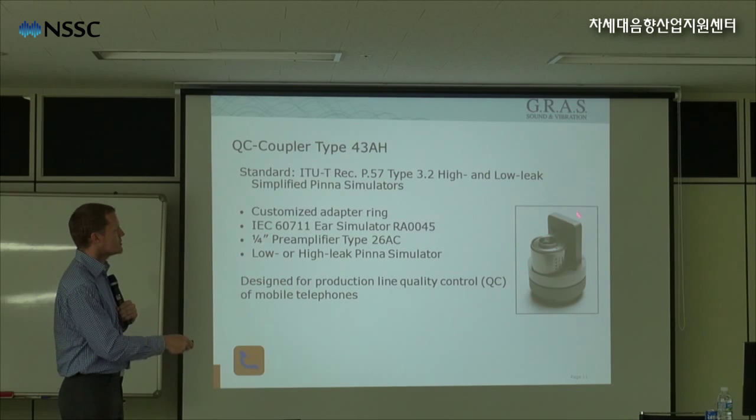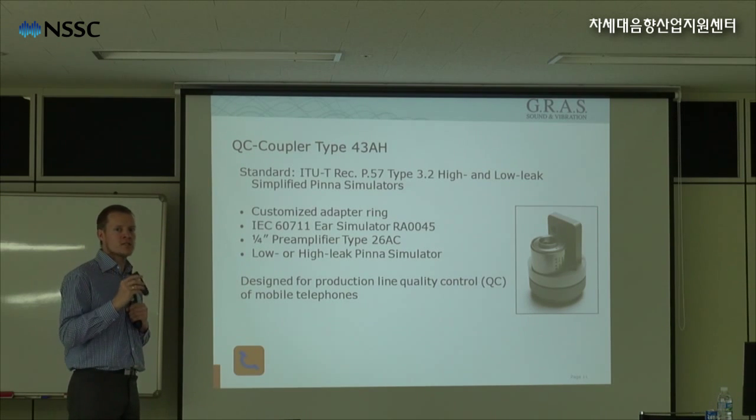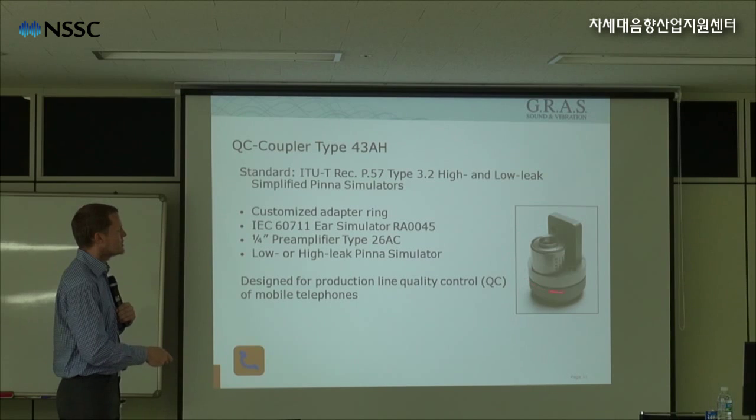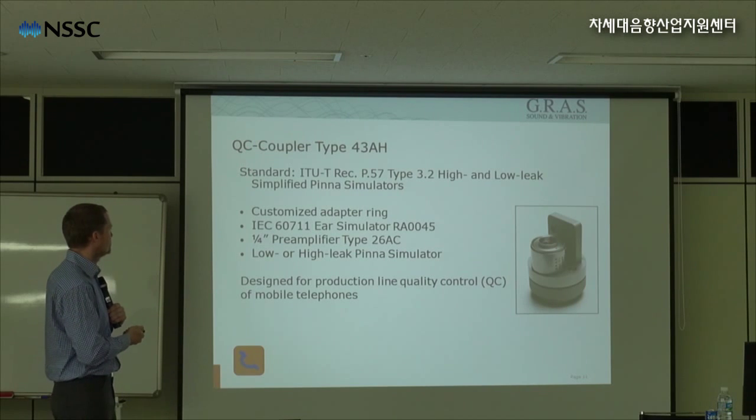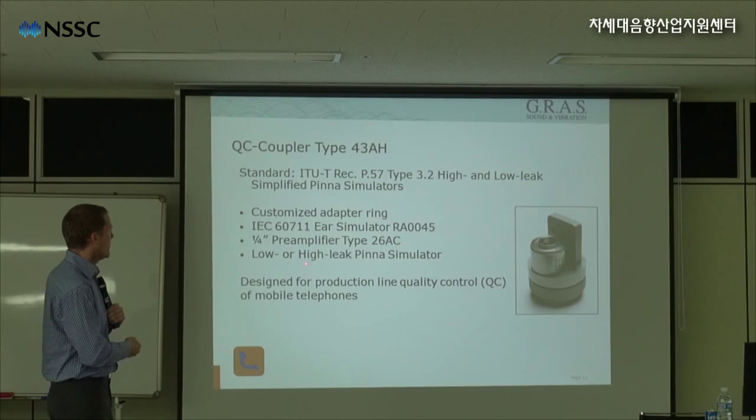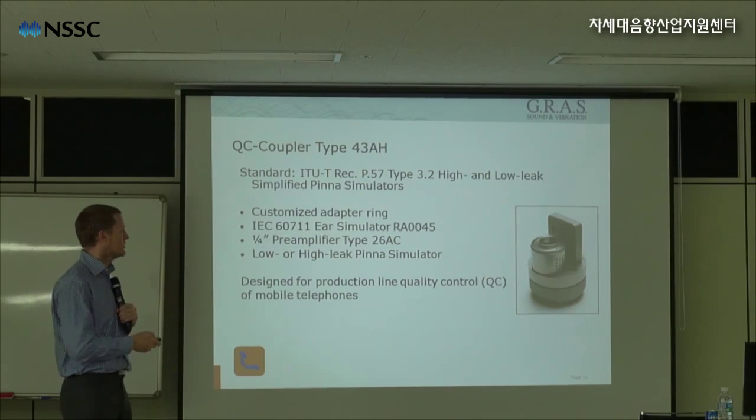You can mount this on an automated production line, and then you can do fast testing. So it's a special design to make quality control for telephone testing in the production line. And it's using the 711 coupler, and it has a low or high peak simulator attached to it.